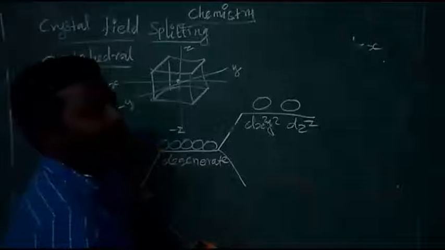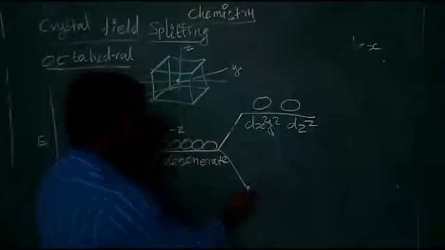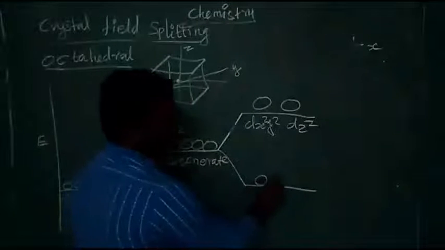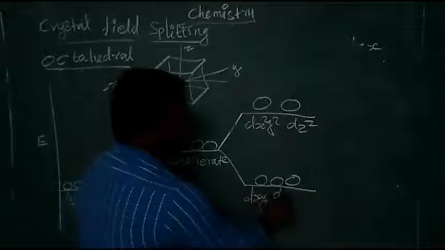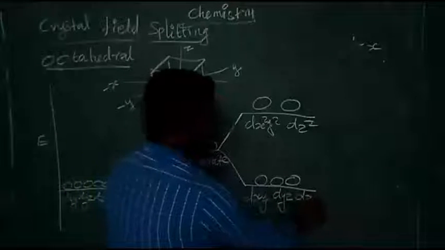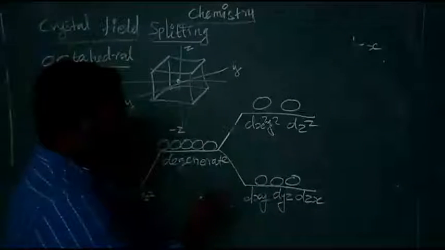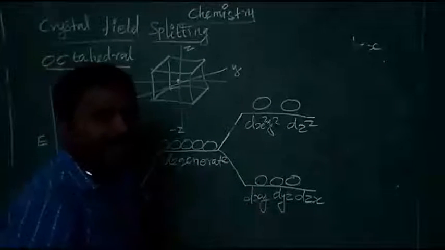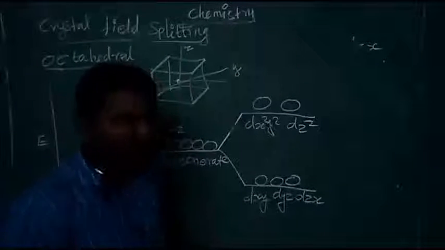Due to the high force of repulsion, the energy is increased. For the remaining 3, the energy is decreased: dxy, dyz, dzx. Why are their energies decreased? Anyway, they have to maintain the average energy level of the octahedral field.